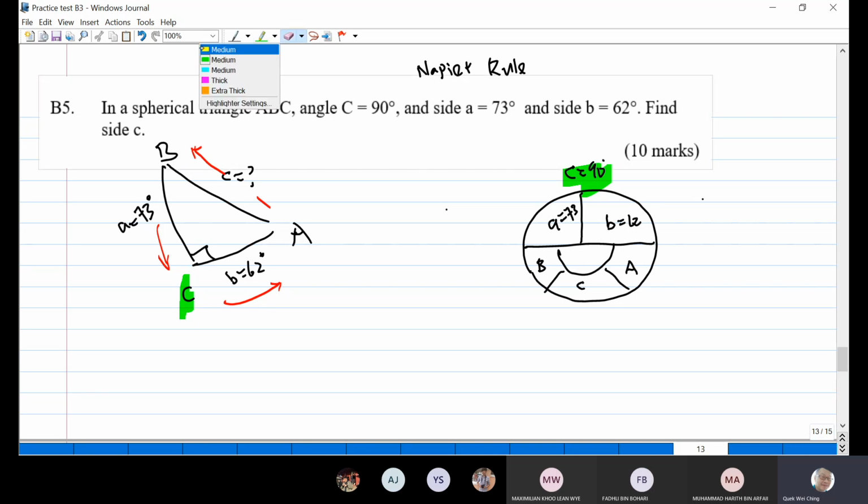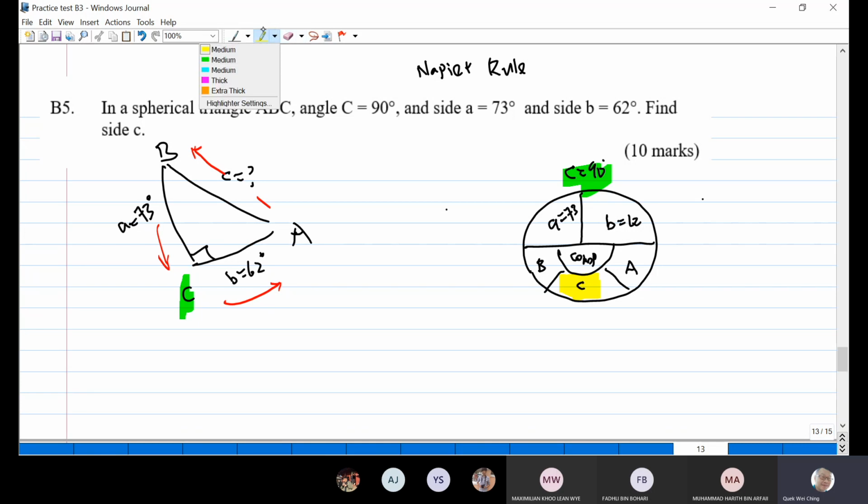This is something we learned before. I think I have forgotten Napier's way for so long already, so you can better check the Napier's rule formula. Napier's rule formula is actually about C being opposite of A and B, right?